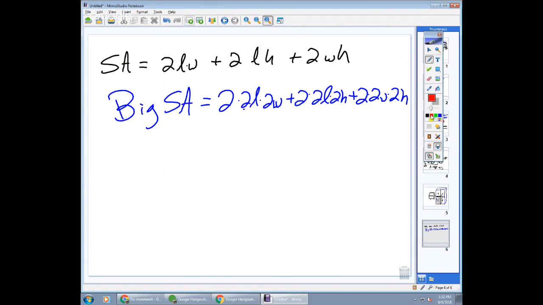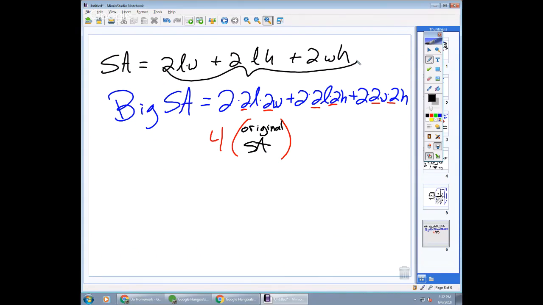And altogether, what we did is we introduced a pair of 2's multiplied in each term there. We factor those out, then that's going to give us 4 times the original surface area. Which is that right there. That kind of makes sense from an algebraic point of view. I like the picture point of view better, but that's the algebra point of view of it.